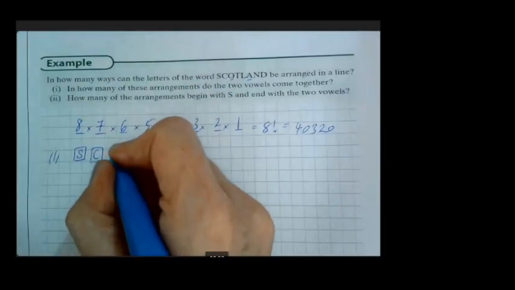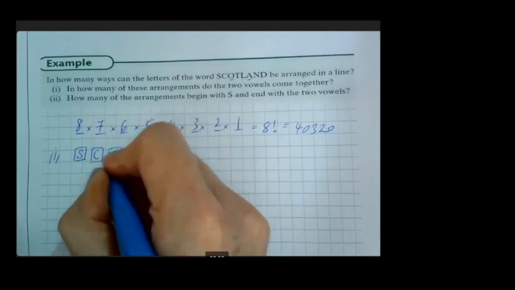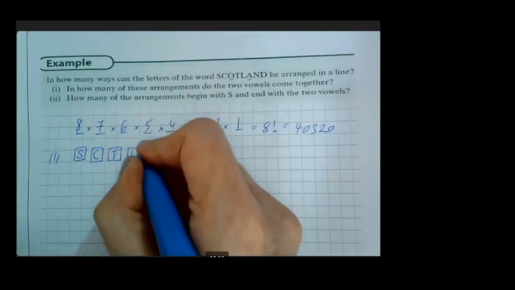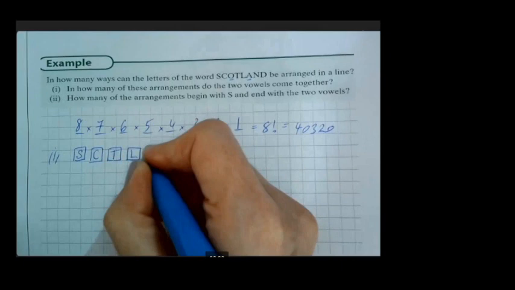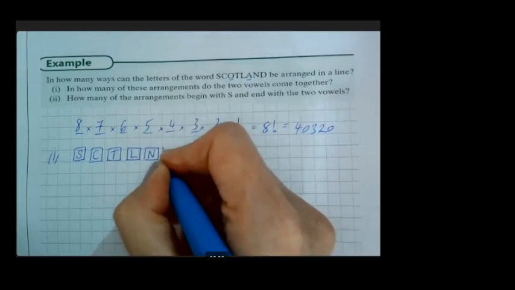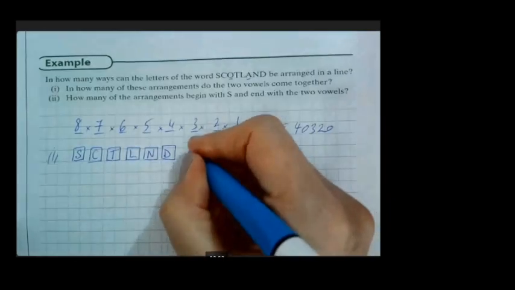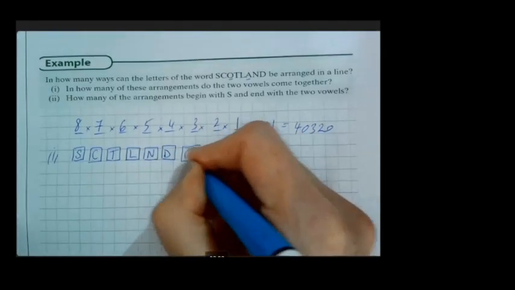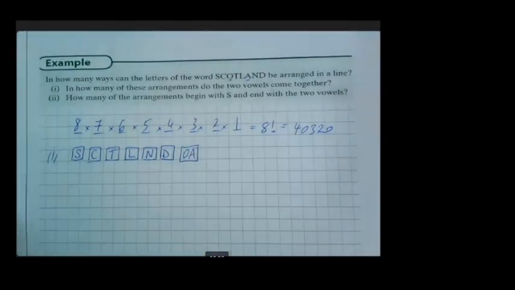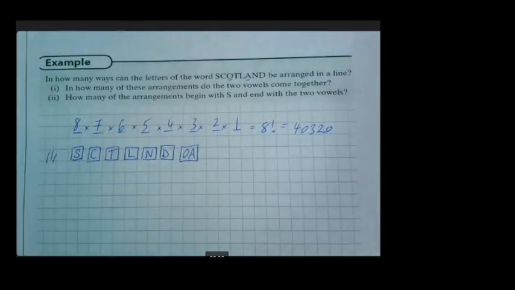I then have T on a little tile, I have L, I have N, I have D. Since the 2 vowels must be together, I'm going to put the 2 vowels together on 1 tile, because they've got to stay together, and it doesn't specify which position they've got to be in.